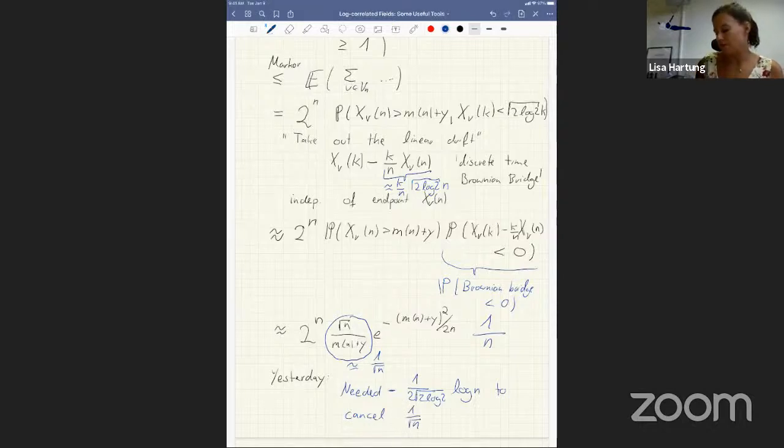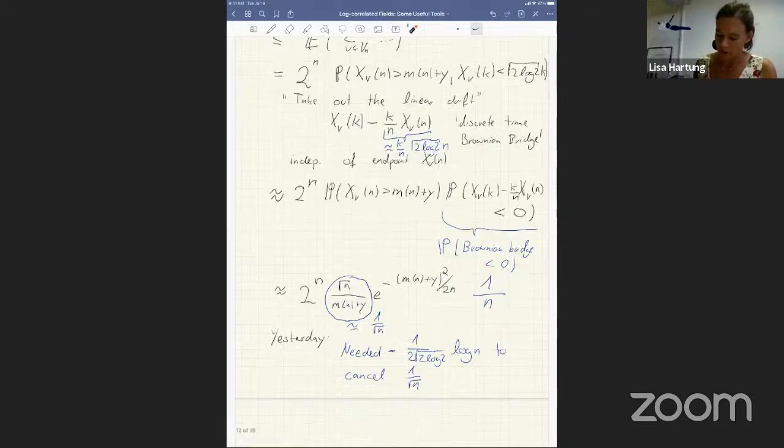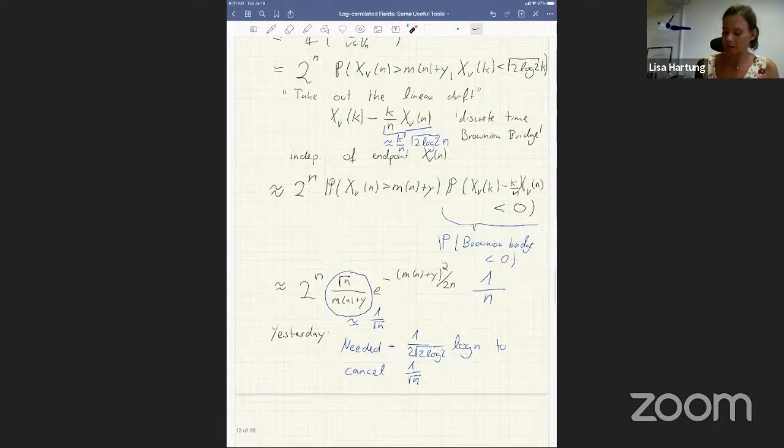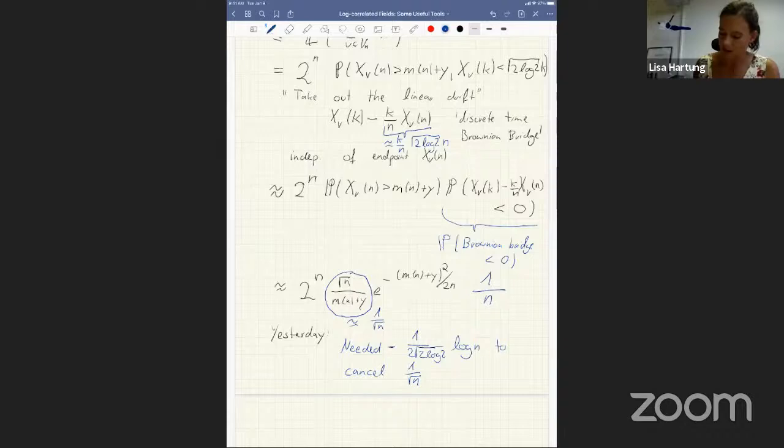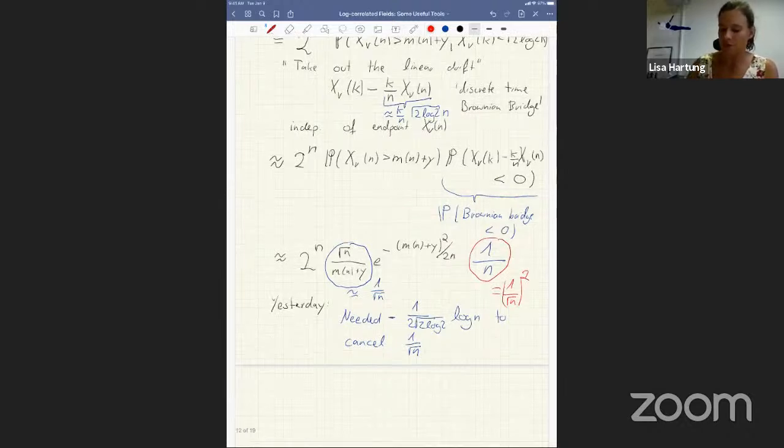Now, because we have used information on the paths of our branching random walk, we have an extra 1 over n. So this extra 1 over n is of course nothing else but 1 over square root n squared. So now I have 2 more square root of n's to cancel.